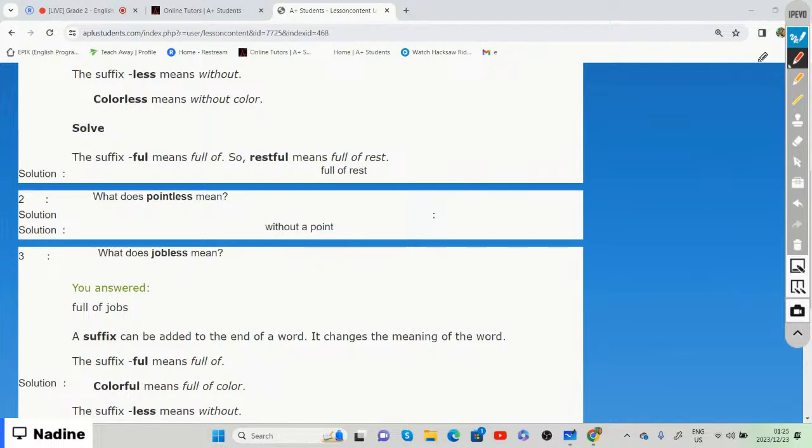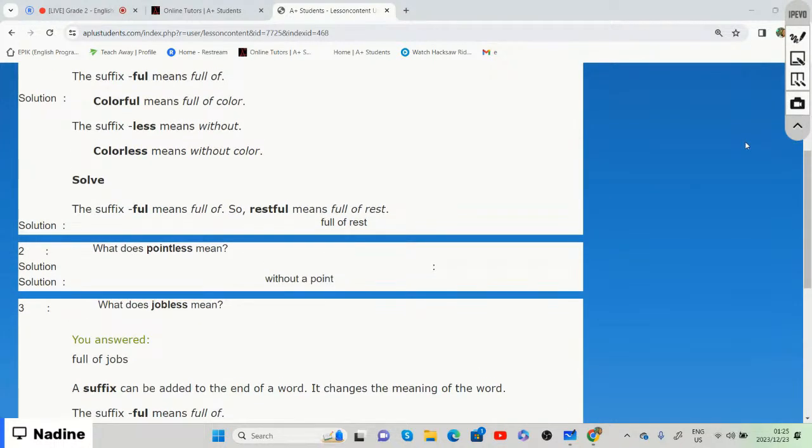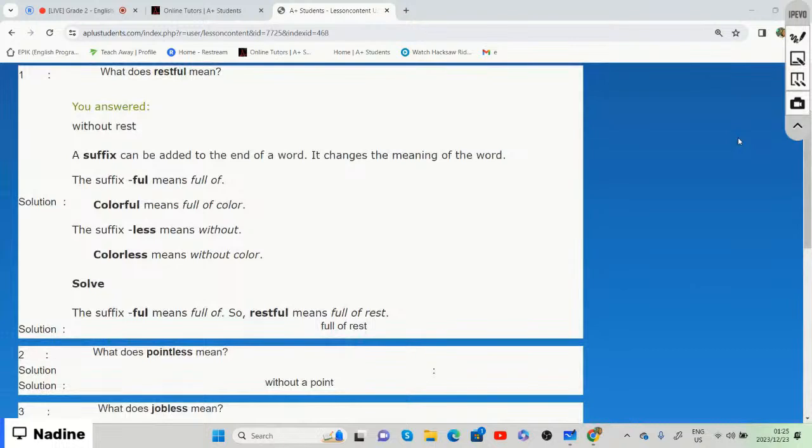So that is basically examples of the suffix full and the suffix less. We said full means full of, and the suffix less means without.